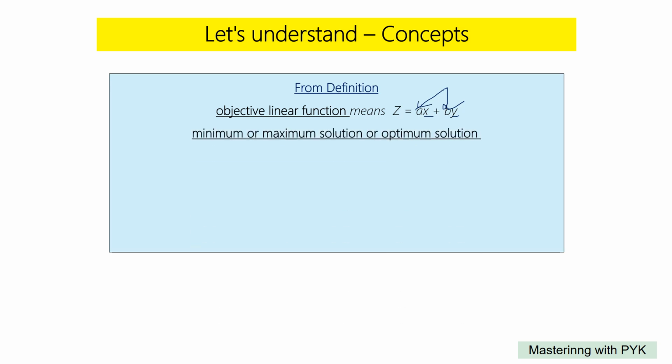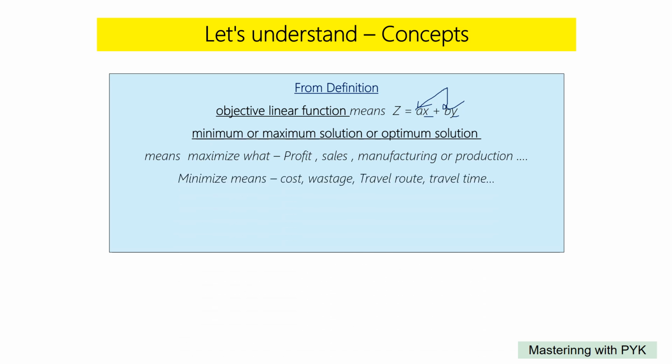We look for the minimum or the maximum solution, also known as the optimum solution. You cannot have minimum and maximum simultaneously; it will be minimum or maximum. For example, when I need to maximize something, like profit, sales, production or manufacturing.